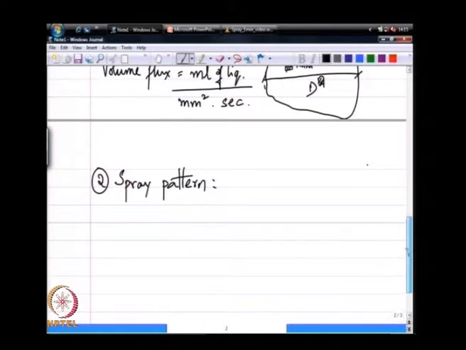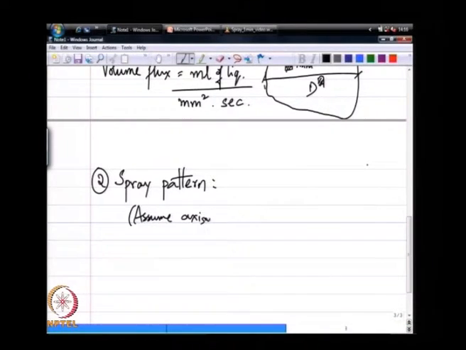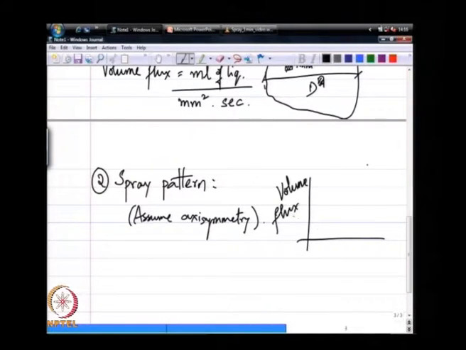Now, if I assume axisymmetry for a moment, and I will show you what this means, if I assume axisymmetry and draw this volume flux versus radial position, and this happens to be my center line.